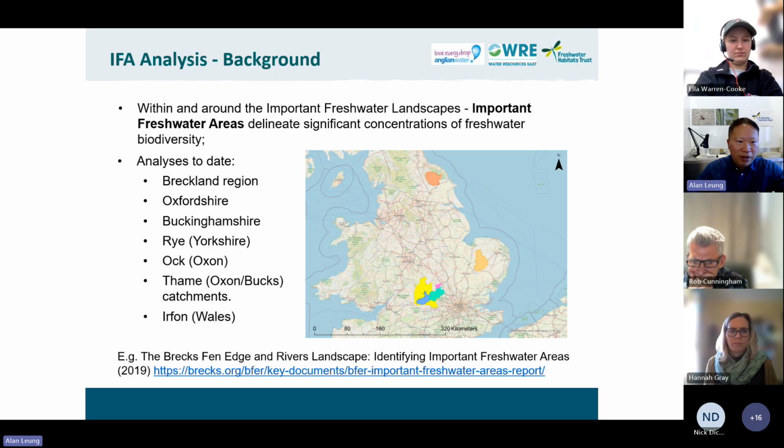As Jeremy briefly mentioned, we have been doing this kind of work for a while, and we have done a number of IFA analyses for catchments across the country, mainly around Oxford, but we also have some studies, for example, in Yorkshire and Wales as well. If you're interested in looking at the report for the Brecks, I've provided the link here. You can take a look at the Brecks report, which was published a little bit earlier.